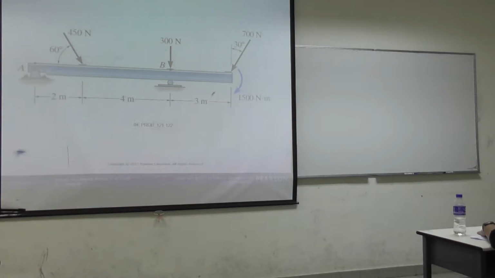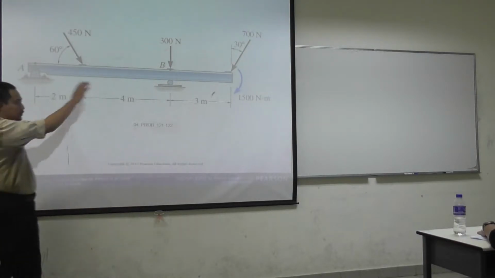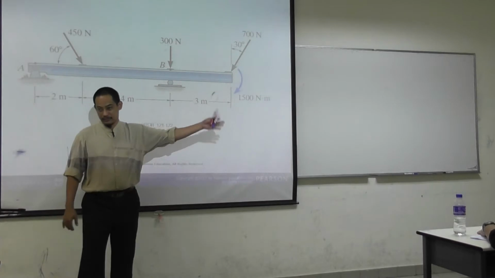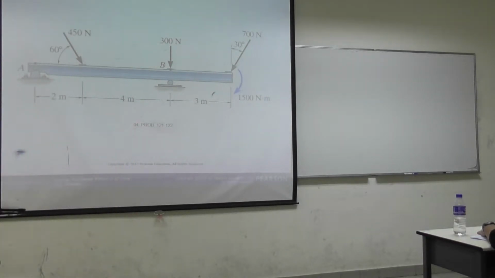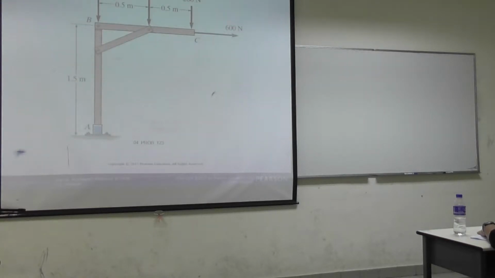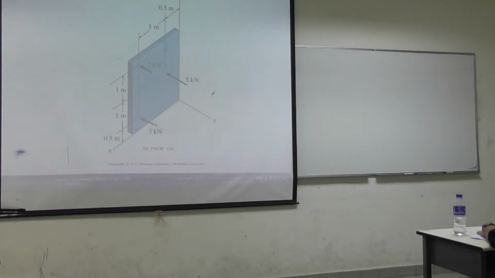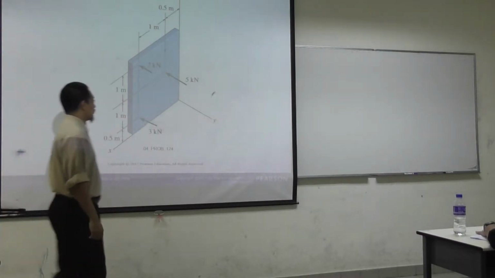The first question I'll go through as a sample, and for the other ones you can try. These are examples for 2D, and hopefully from what we discussed in the last class, you know how to deal with this problem. Now we will take a look at a 3D problem.